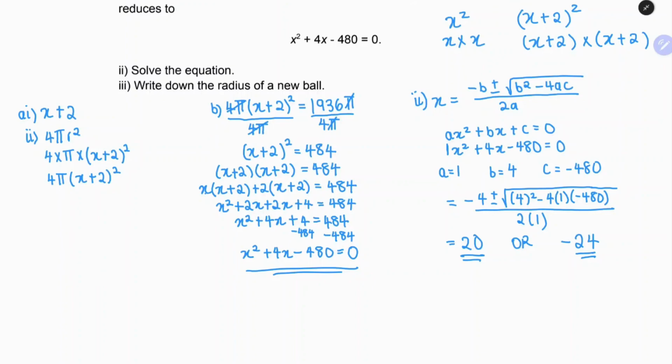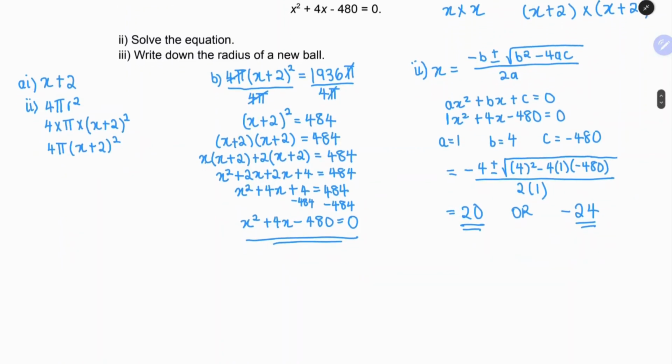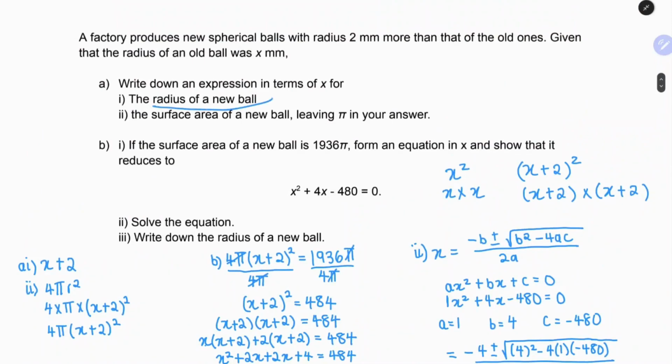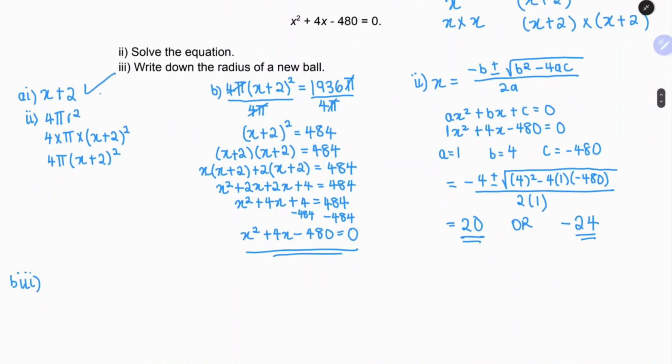It says, write down the radius of the new ball. So we already wrote down the expression for the radius of the new ball. It's x plus 2. And remember what we discussed earlier about which number you're going to use. You have a positive number and a negative number. The same thing with length: we are not going to have negative 2 meters.